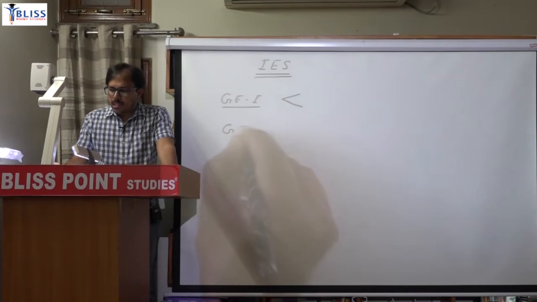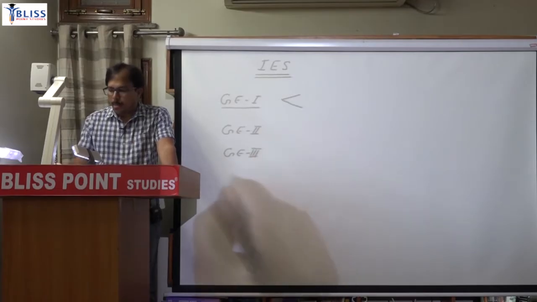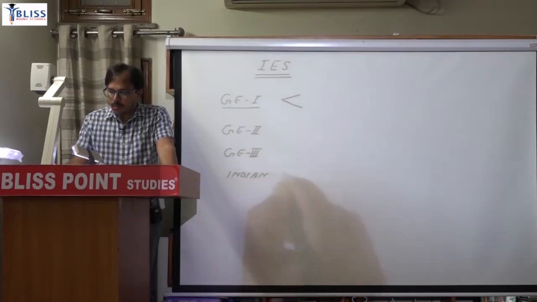Then General Economics 2 mainly contains macro-related topics. General Economics 3 covers growth and development and international economics, and the fourth paper is Indian Economy.